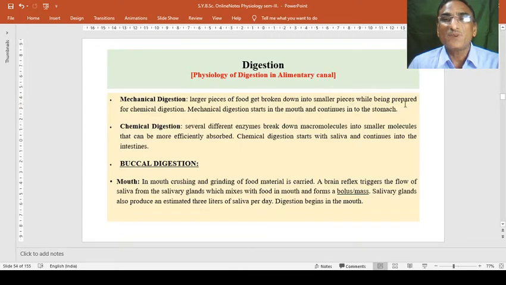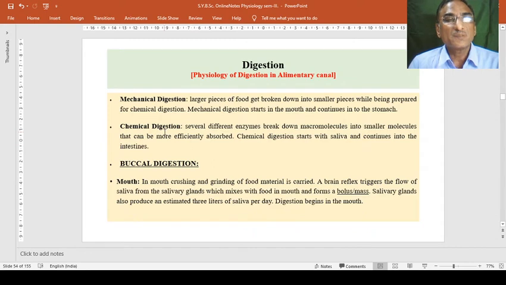Then there is digestion with the help of digestive enzymes, or chemical digestion, because enzymes are the chemicals which digest the food material. Mechanical digestion starts in the mouth or buccal chamber and continues into the stomach. Means the food is churned or masticated in the mouth, saliva is mixed, and it passes into the stomach. Then in the stomach, the further process of digestion takes place.